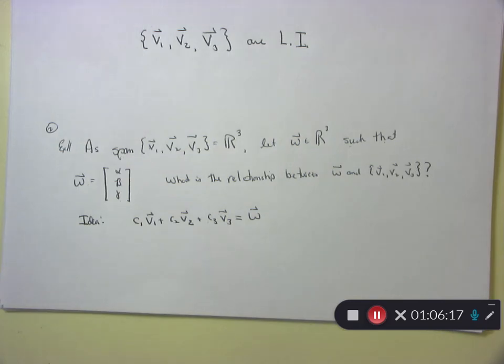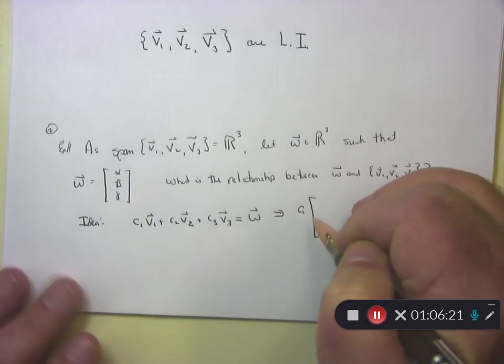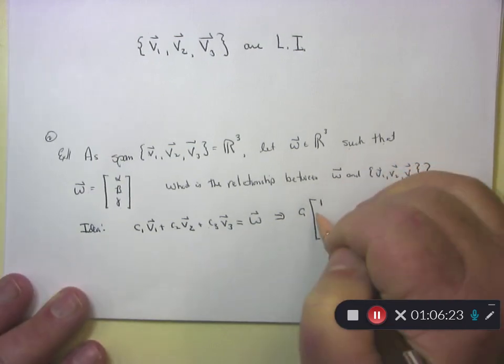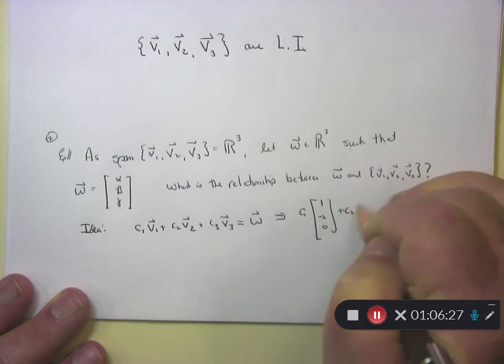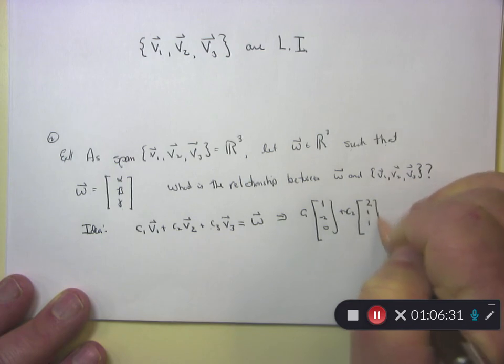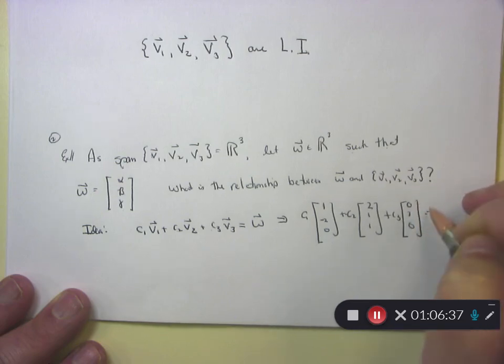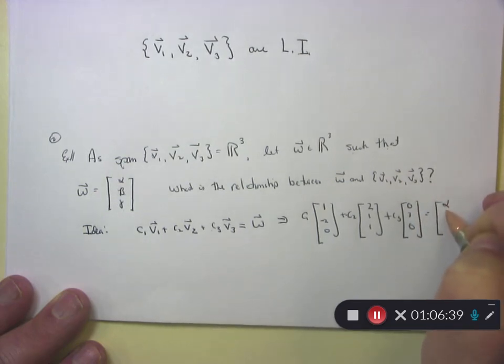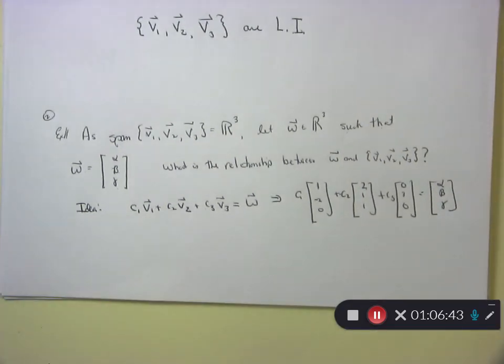So how do I do that? Well, this means that C1 times (1, -2, 0), plus C2 times (2, 1, 1), plus C3 times (0, 3, 0) is equal to (alpha, beta, gamma). Okay?